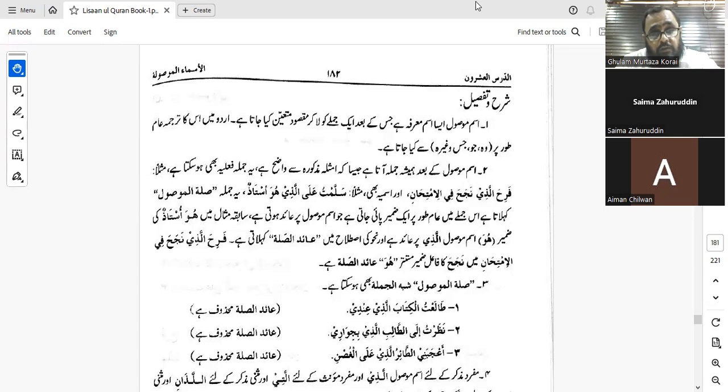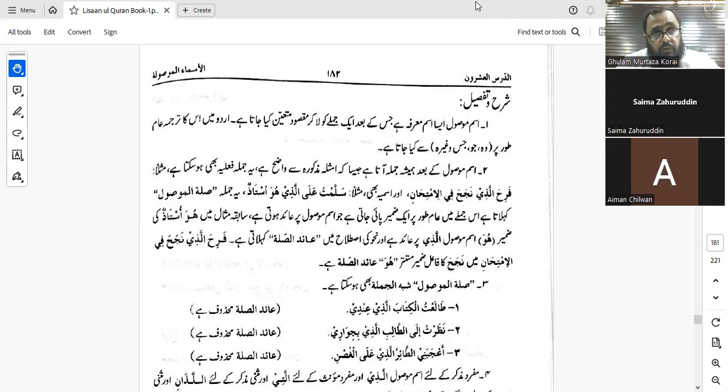But that will not be a nakira; it means it has a common form for mufrad, mudhakkar, muthanna, and jama'. This is the meaning of common over there. So ismul mawsul must have a noun preceding it, because it is a type of al-marifa.